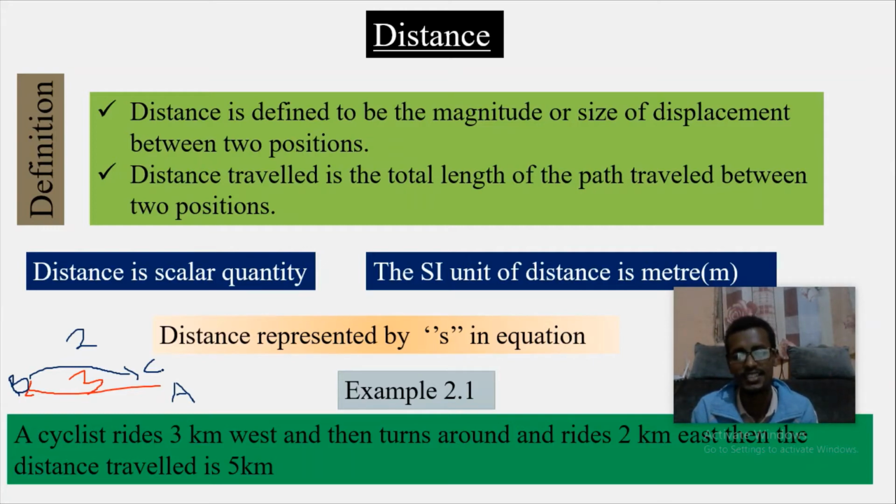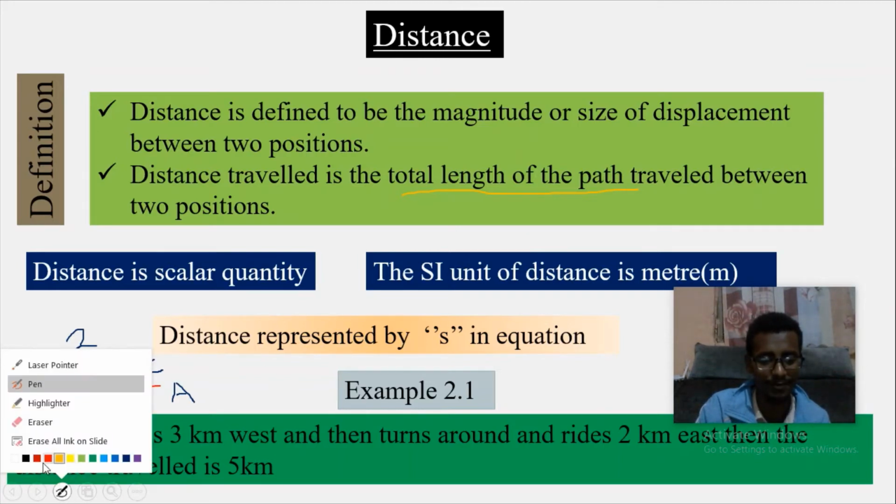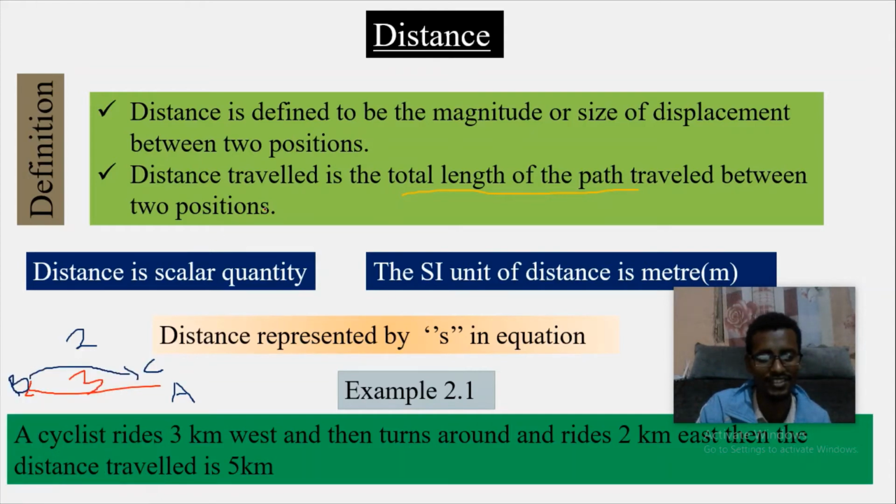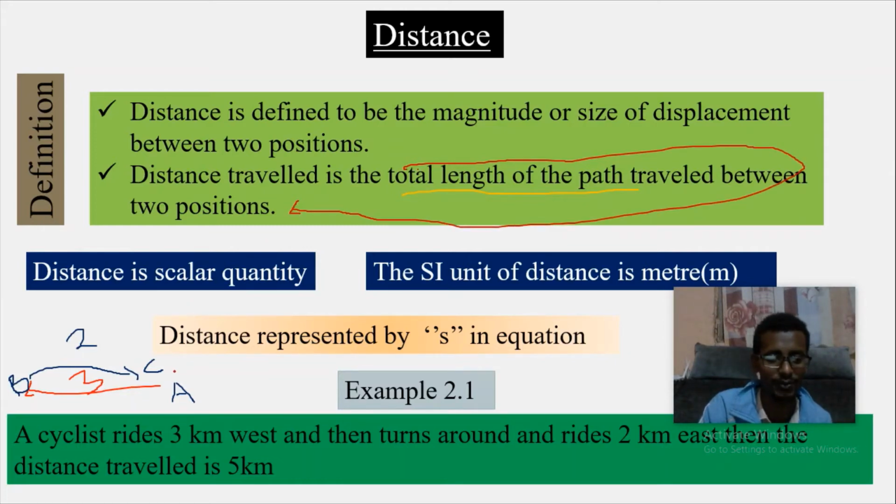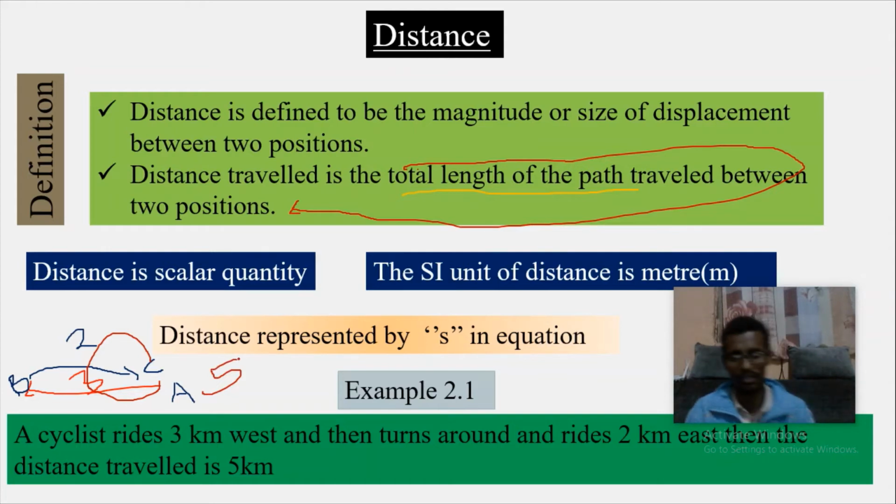But since we have said that distance is the total length of path traveled between two positions, the distance should be 5 kilometers.